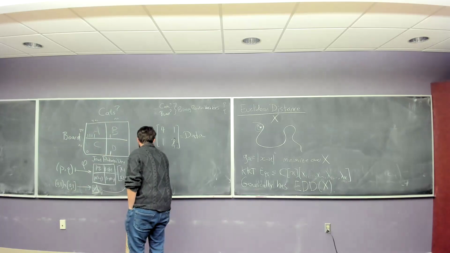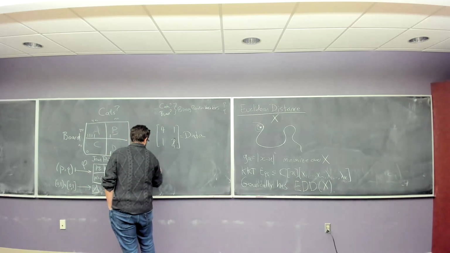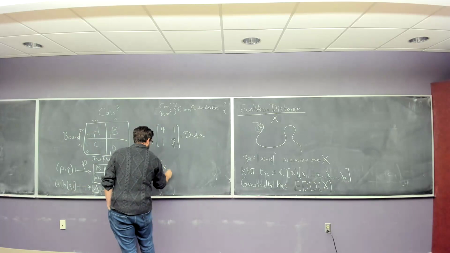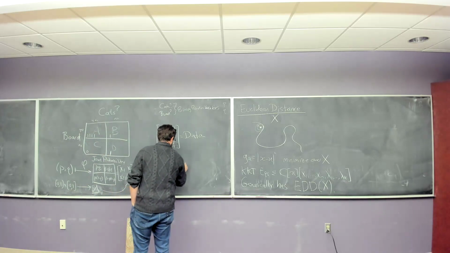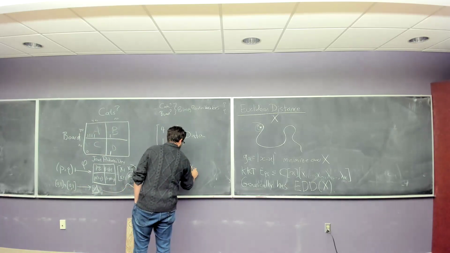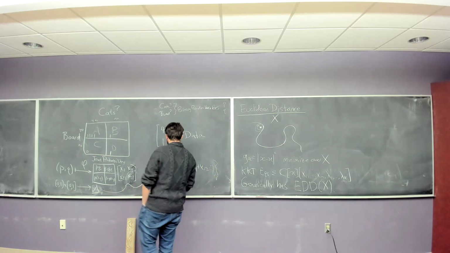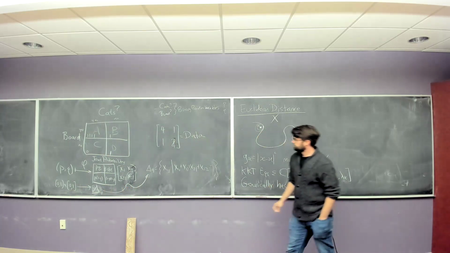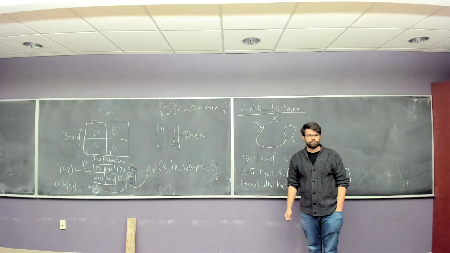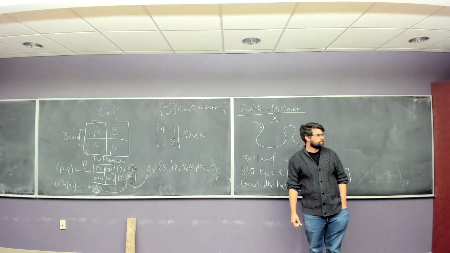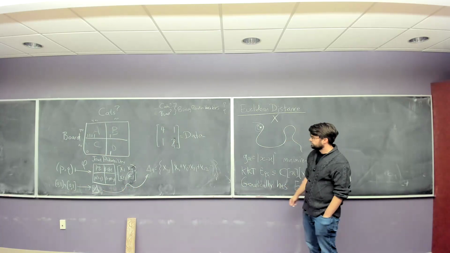And so now what is delta 4? Delta 4 is the set of all x_ij such that x11 plus x12 plus x21 plus x22 equals 1. Why?